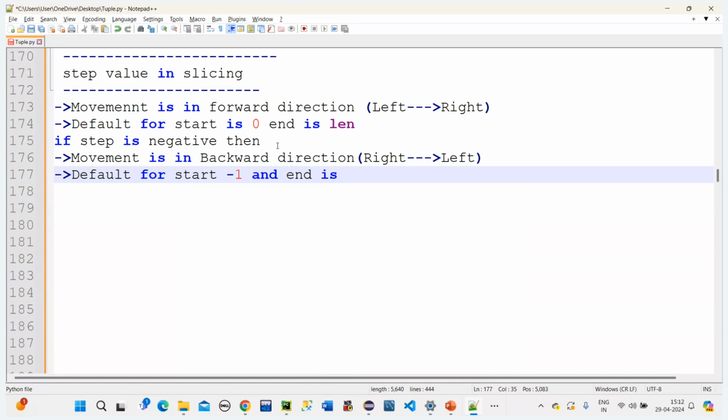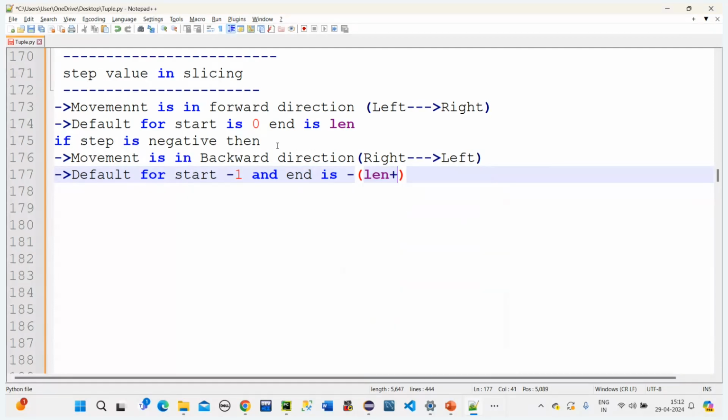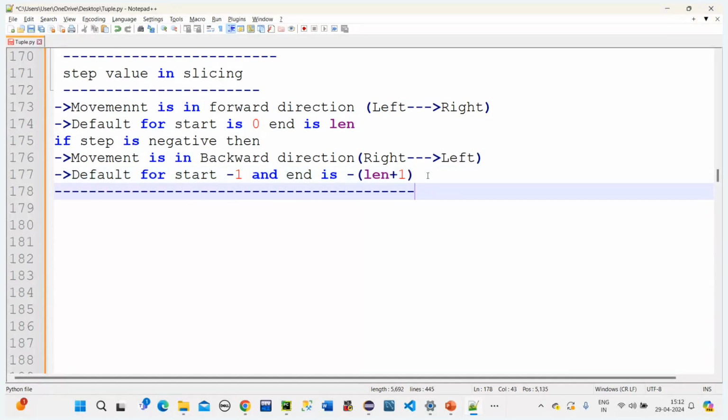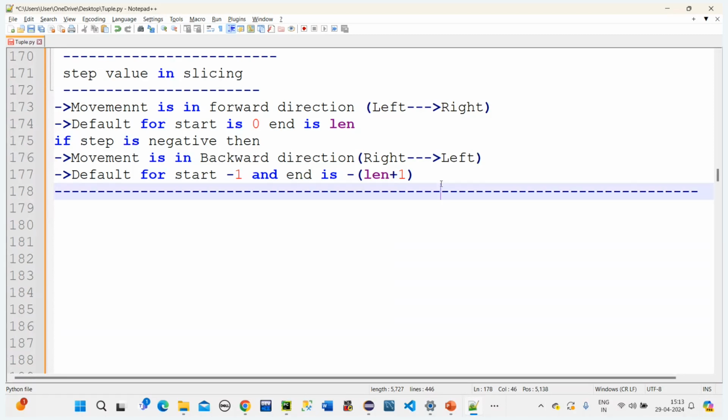End is minus length plus 1. This is an important note point, guys. You need to remember this. Based on this, we can work on a few examples. Okay. Now let's see one example for this. I'm copying the same thing here.